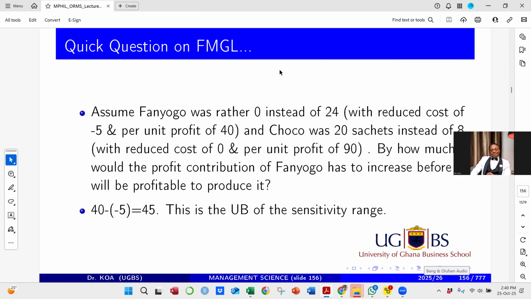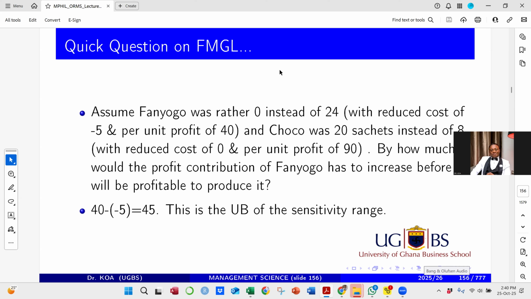And by the way, take note that 45 will also be the upper bound of the sensitivity range. Take note of this. The minimum contribution that has to be made for a product to be producible is also the upper bound of the sensitivity range. Keep that in mind. Please repeat it again.